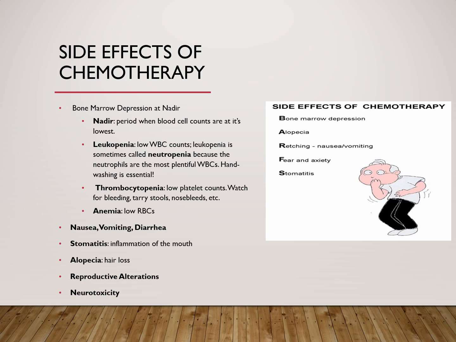Your platelets help with blood clotting, so when they're low, you're worried about bleeding. They're at an increased risk for bleeding. Watch for bleeding, hemorrhage, tarry stools, nosebleeds, things like that. You have an increased risk of anemia because of the reduction in the red blood cells, so the patients may require blood transfusions.